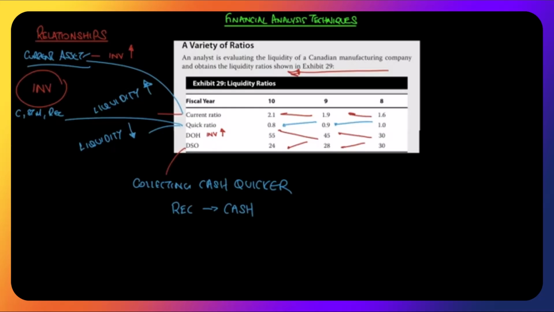If I was just turning a $300 receivable into a $300 cash balance, that would not affect my current or quick ratios, because remember, on the top, receivables and cash are in both. So it just doesn't matter to that ratio whether it's cash or a receivable. It's still just part of current assets that they're measuring. So that can't be what's happening.